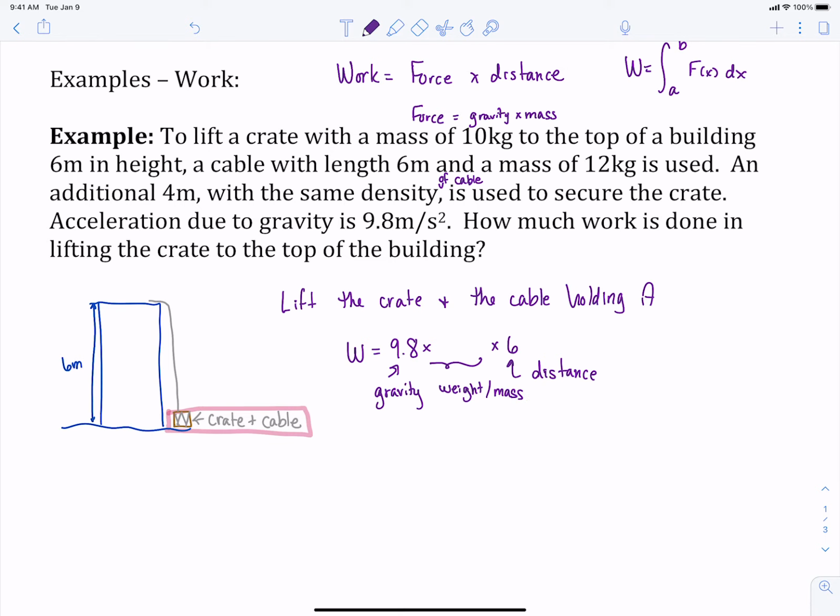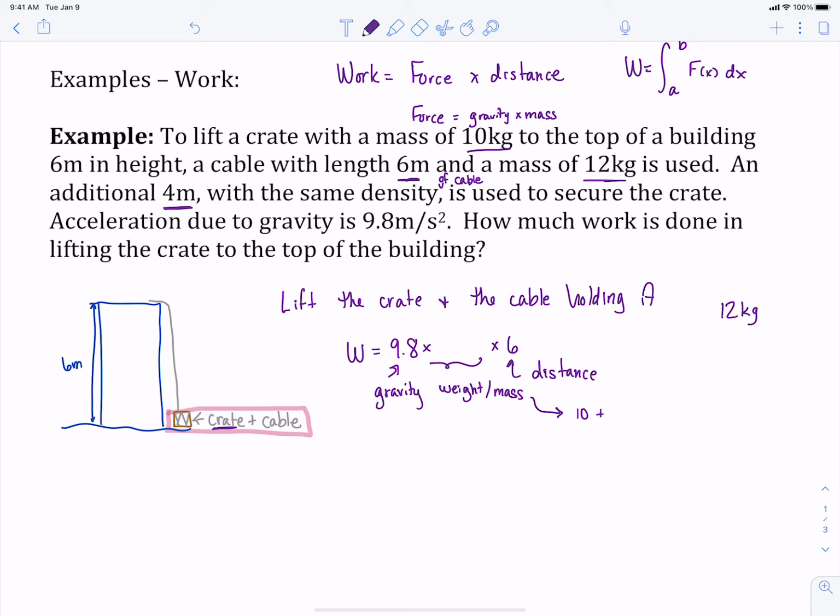Well, let's take a look at what we're lifting. We're lifting the crate. So the crate, did they tell us how much that weighed? Oh, that was 10 kilograms. Plus, we've got 4 meters of cable holding that crate to our big cable. Well, the cable, we used a mass of 12 kilograms for the 6 meters.